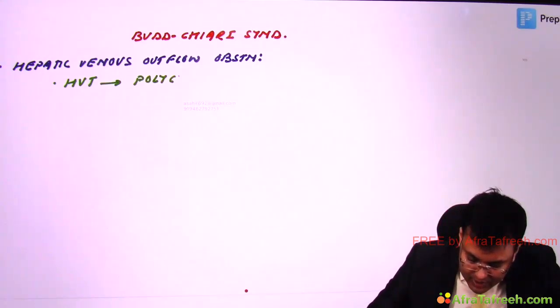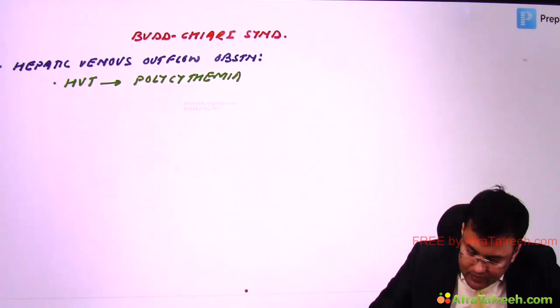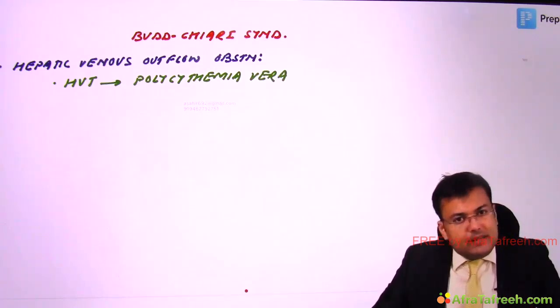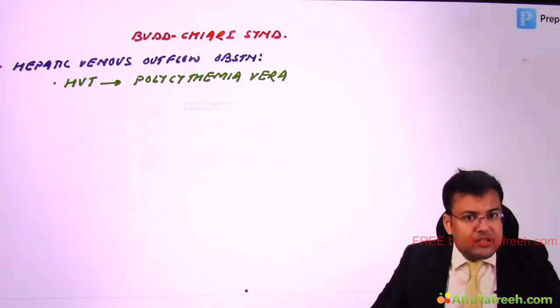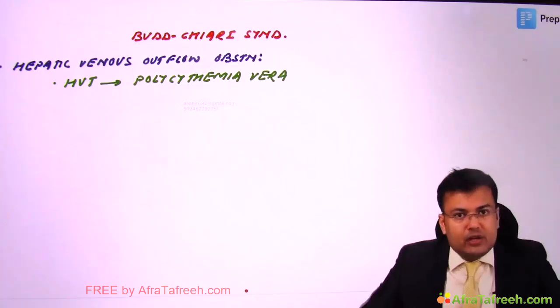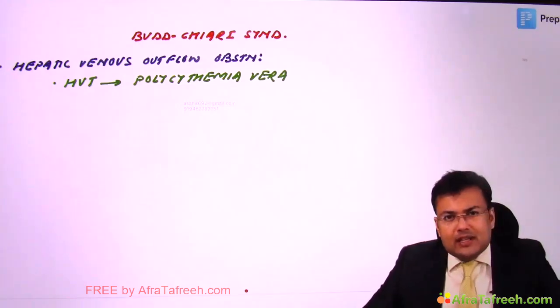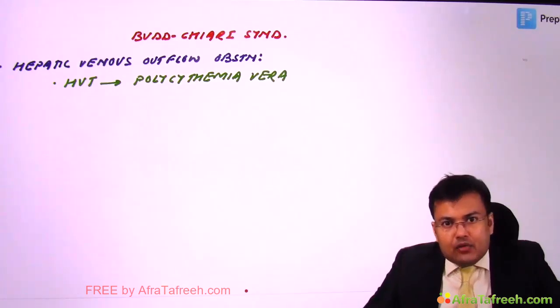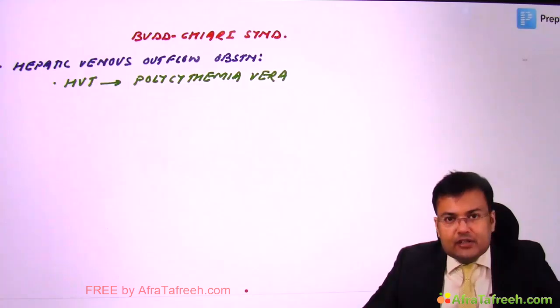It is polycythemia vera. Okay, so overall the most common cause is hepatic vein thrombosis and the most common etiology of hepatic vein thrombosis is polycythemia vera. Why? Because polycythemia vera increases the risk of hypercoagulability and hypercoagulability increases the risk of venous thrombosis.